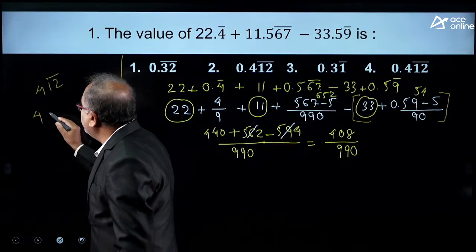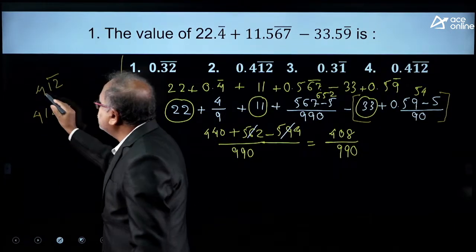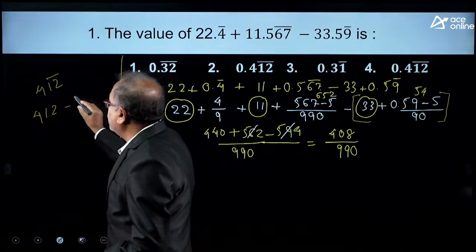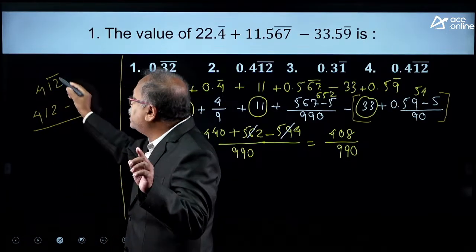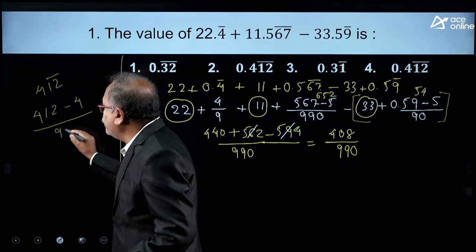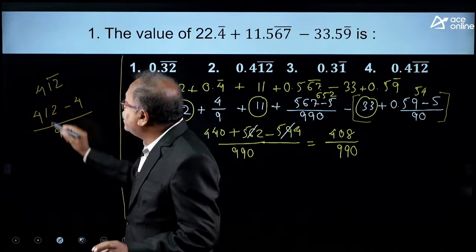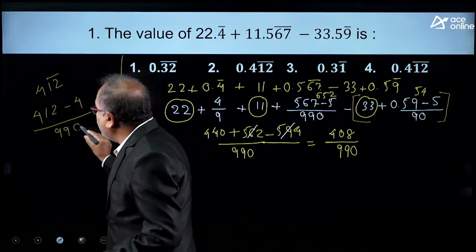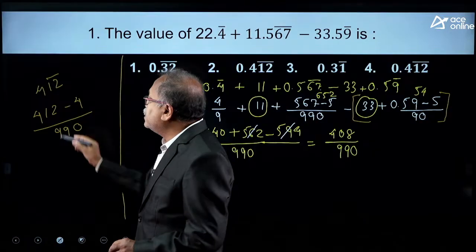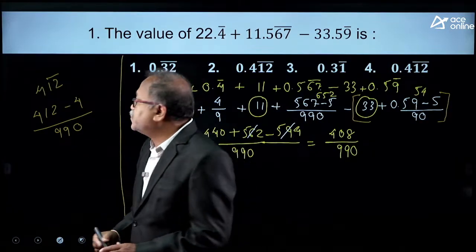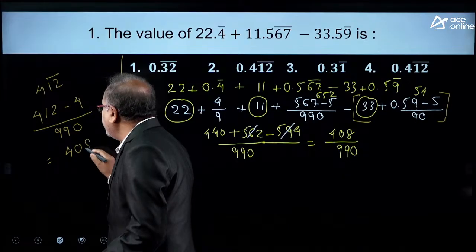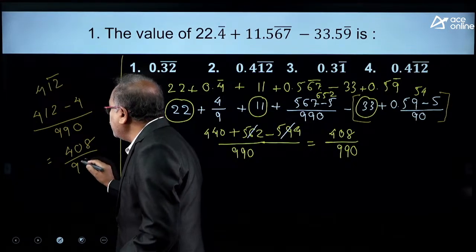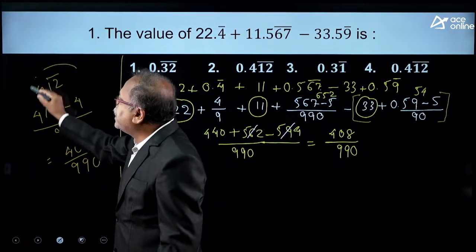So 412 minus the number without the bar, and that is 4, divided by, under the bar there are 2 digits, therefore I will take 2 nines, and without the bar 1 digit is there, I will take 1 zero. Look at this one, 412 minus 4 is nothing but 408. So 408 by 990, that means what is my answer?